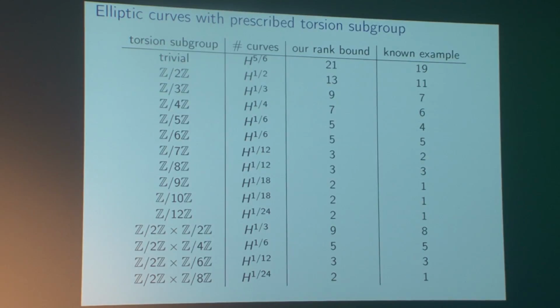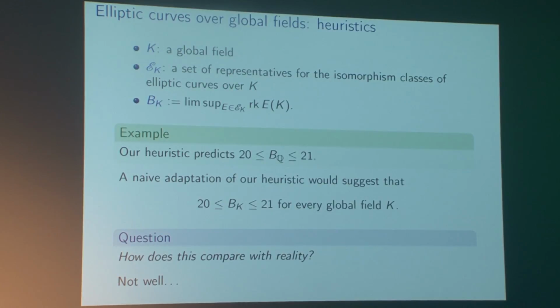All right, so let me now move on to the question of what happens. So far I've been talking about elliptic curves over Q, but you could also ask about elliptic curves over number fields or global function fields. And you can ask, what happens to the heuristics over those kinds of fields? So let K be such a field, either a number field or a global function field over a finite field.